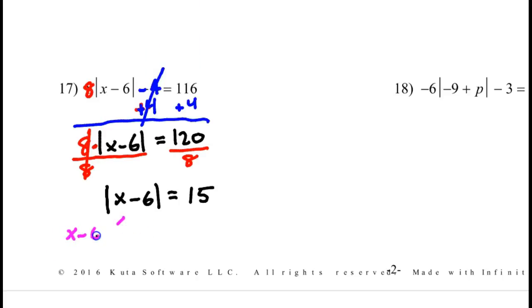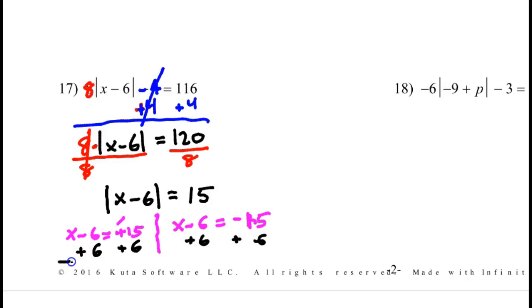x minus 6 equals positive 15. x minus 6 equals negative 15. This time we have to keep going because we don't have an actual answer yet. So add 6 to both sides on both equations. Algebra is always the same at this point.